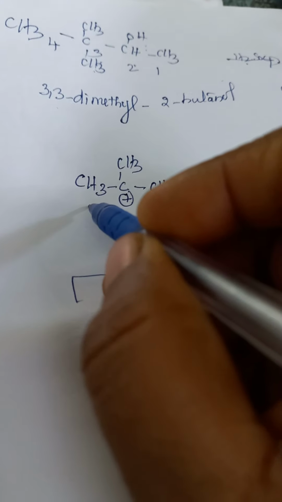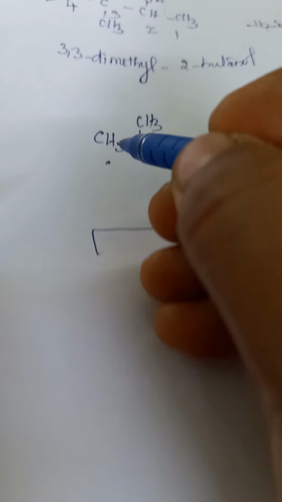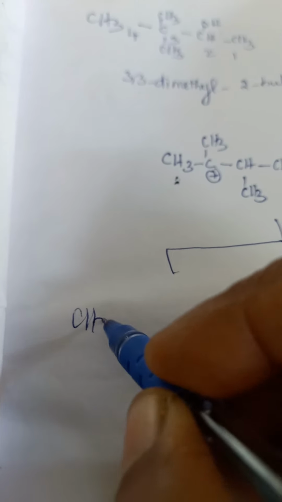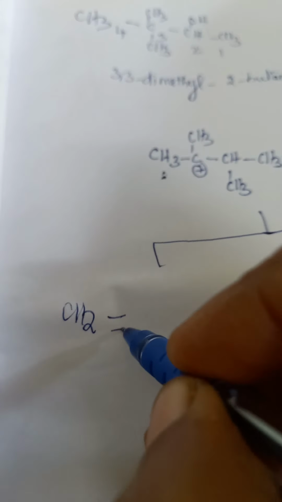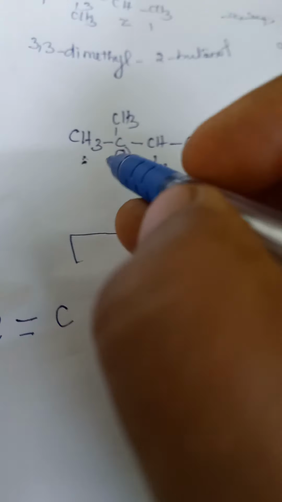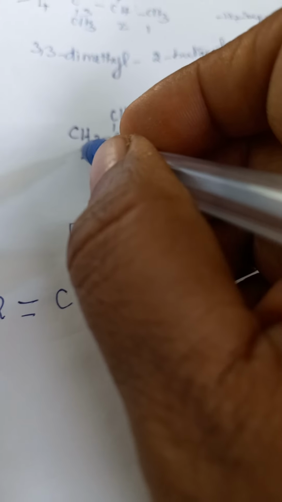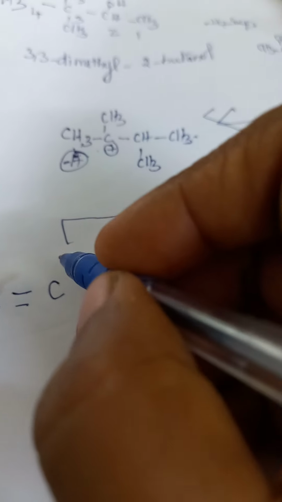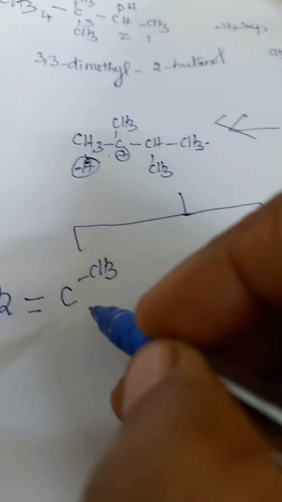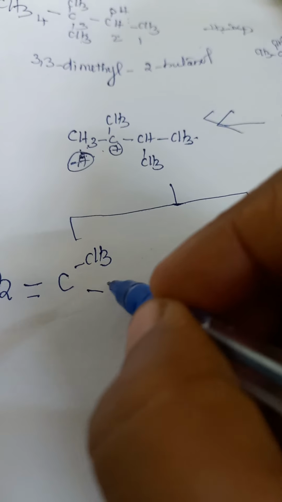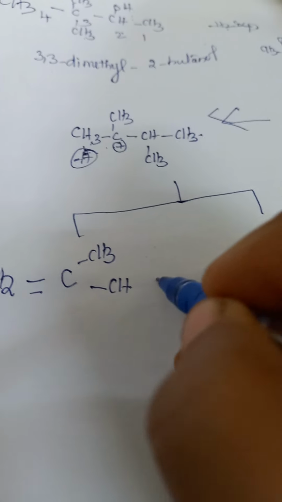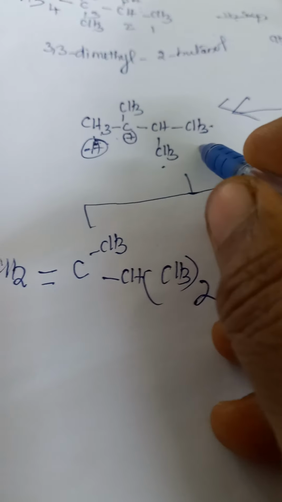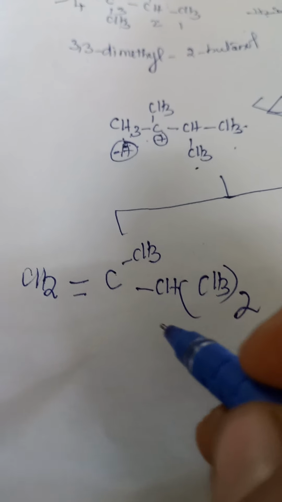If hydrogen is removed from here, we get CH2=C, CH2, one hydrogen removed, so CH2=C, CH3, here CH, CH3 twice.